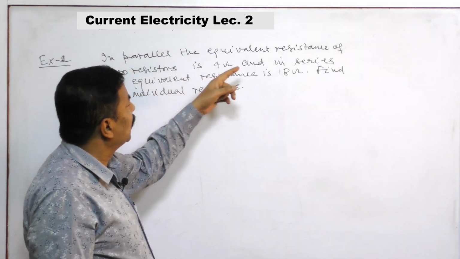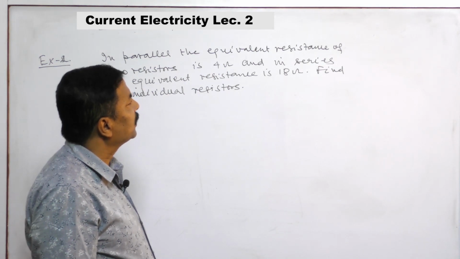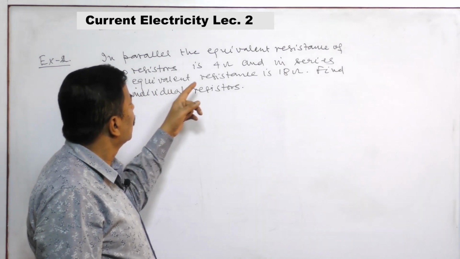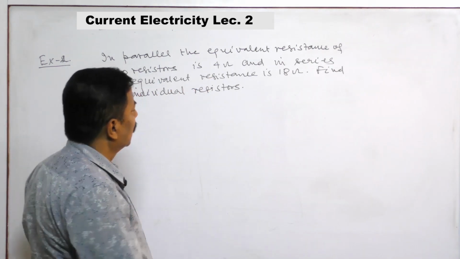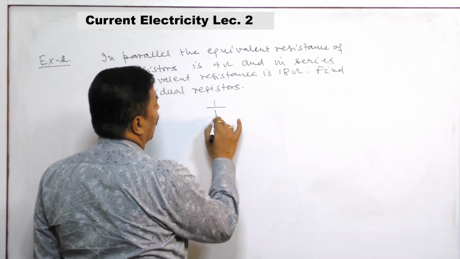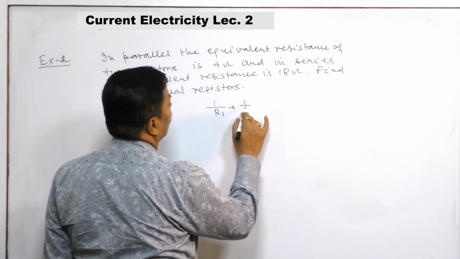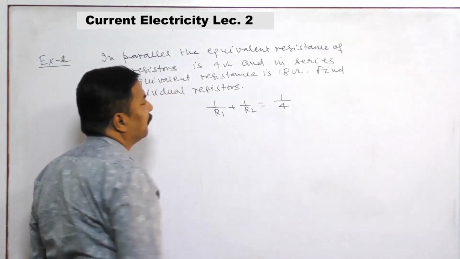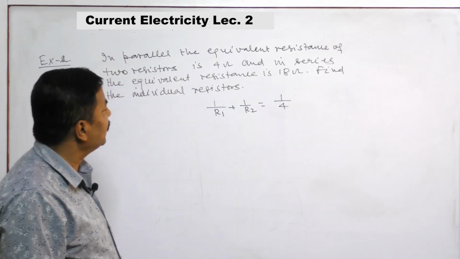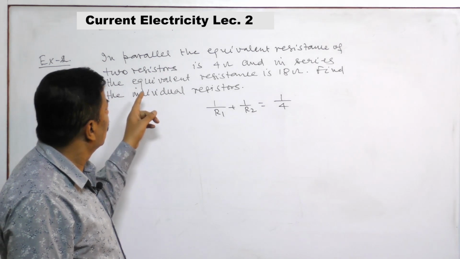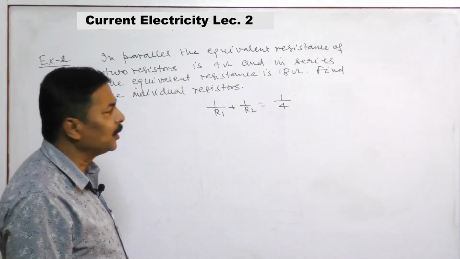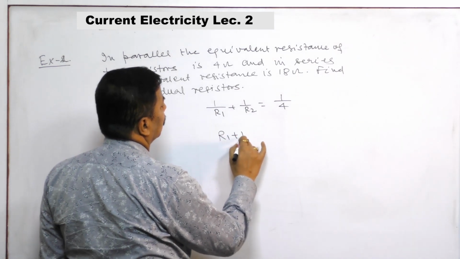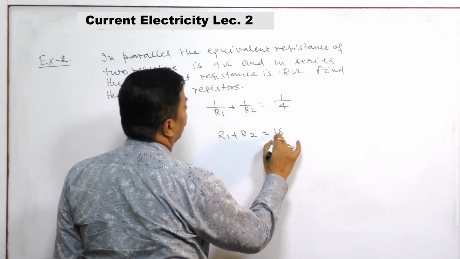In parallel, the equivalent resistance of two resistors is 4 ohm. So 1 by R1 plus 1 by R2 is equal to 1 by 4. Whereas in series, equivalent resistance is 18 ohm. So R1 plus R2 is 18.